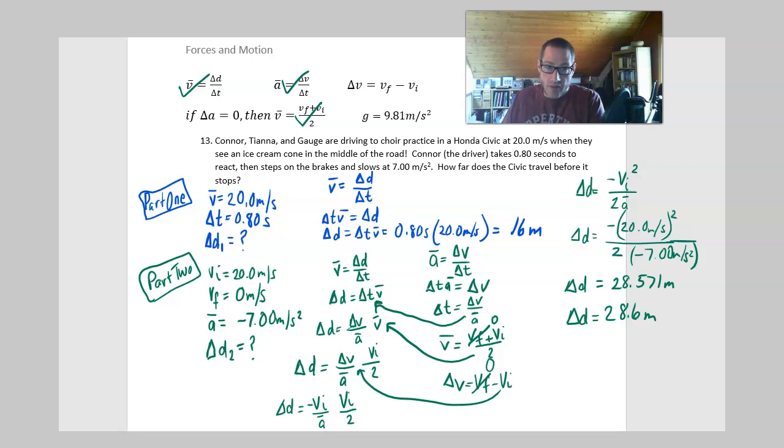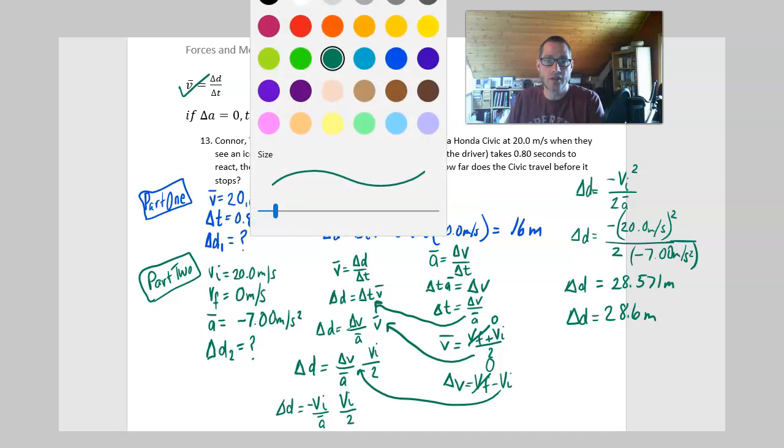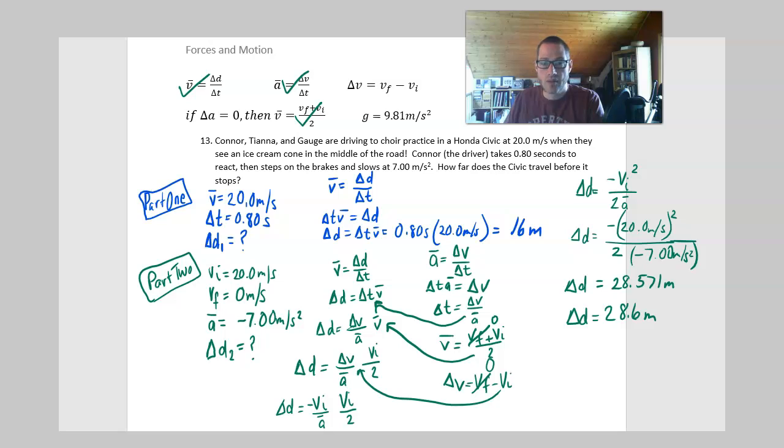All right. Now, are we done? We found out the distance for part 1 and for part 2. Yeah, we're kind of done, except for how far does the Civic travel before it stops. You need to add the two distances together. I'm going to use a nice purple color. So we're going to say delta D, and I'm going to say T for total is equal to delta D 1 plus delta D 2.